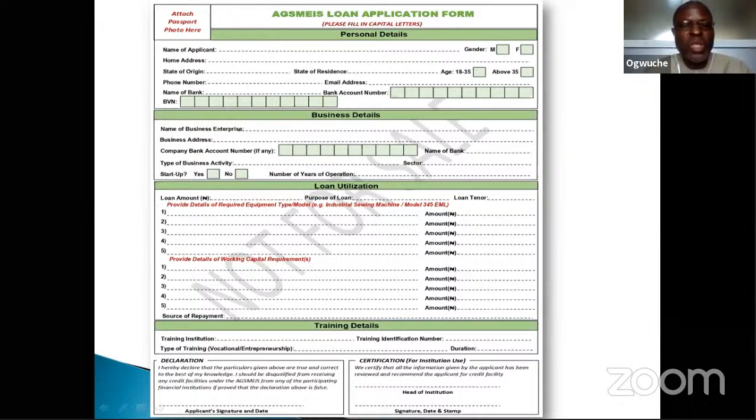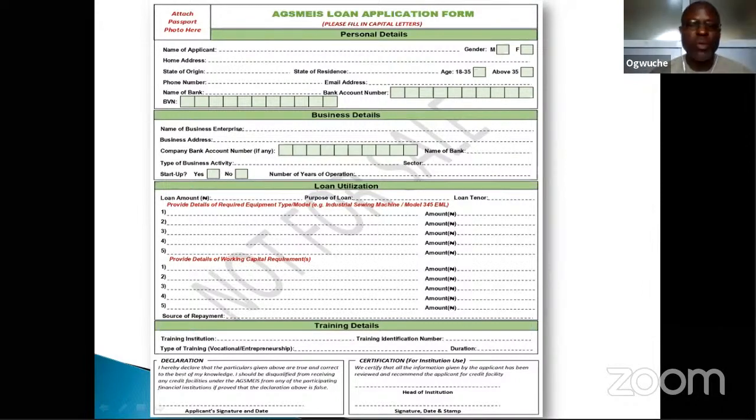Business details. Here, we're asking for the name of your business enterprise. Some have registered their companies, but others don't. But whether you have a registered company or not, we insist that you give us a business name, whether it's registered or not.